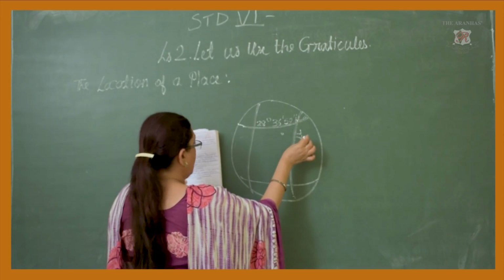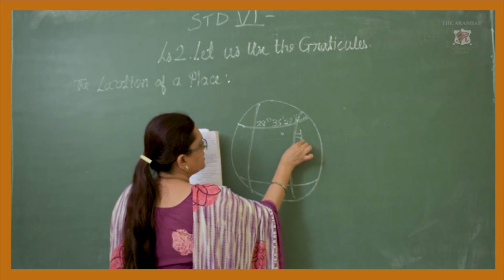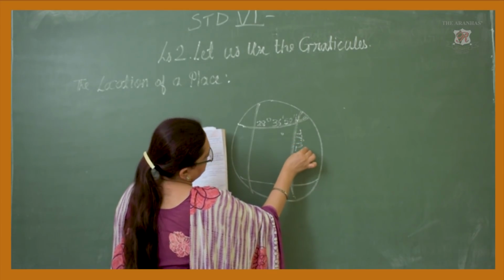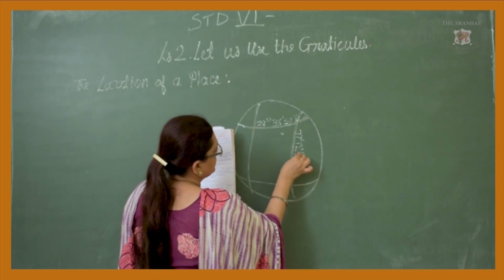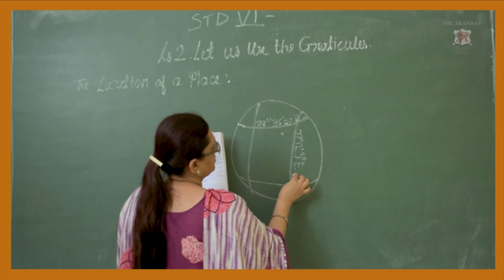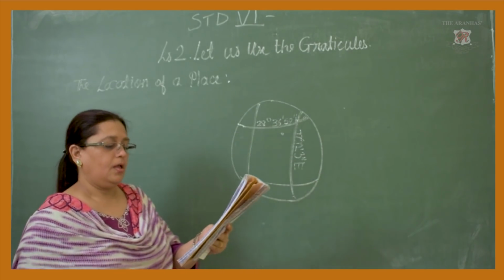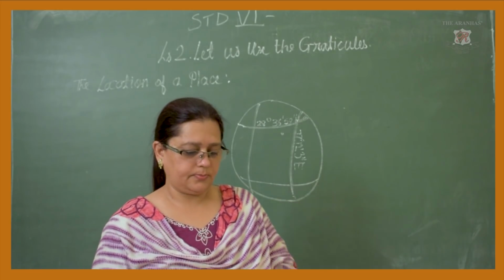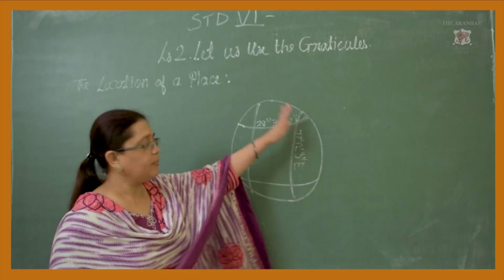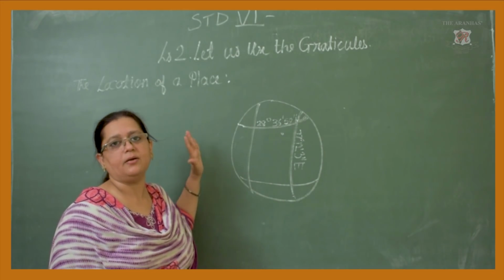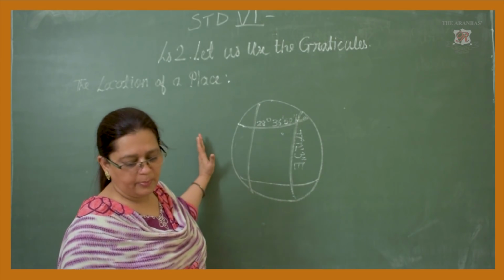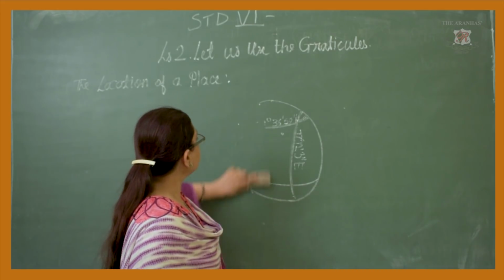And 77 degrees, 12 minutes and 3 seconds east longitude. Now we have found the location of a place. I hope you have understood how we find the location of a place. We have taken the example of Delhi. Now we'll proceed further with the second point.